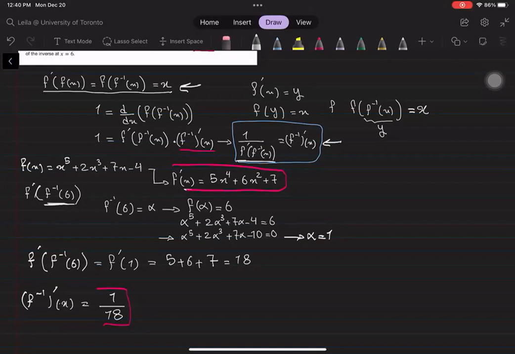But if you haven't learned this, then I guess you don't have it.